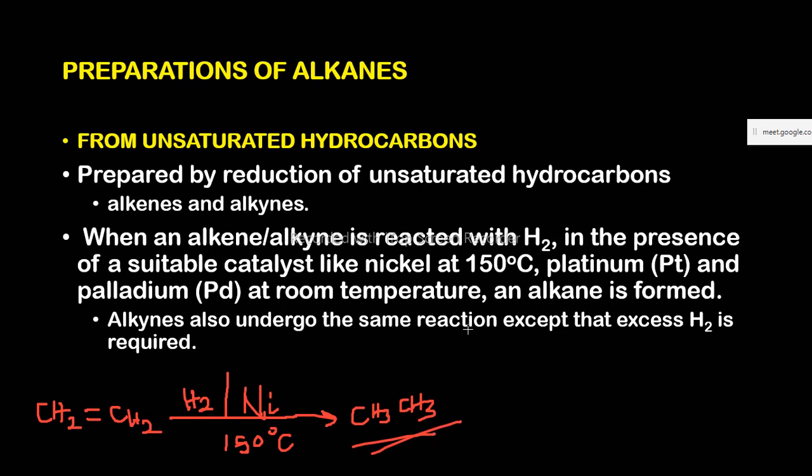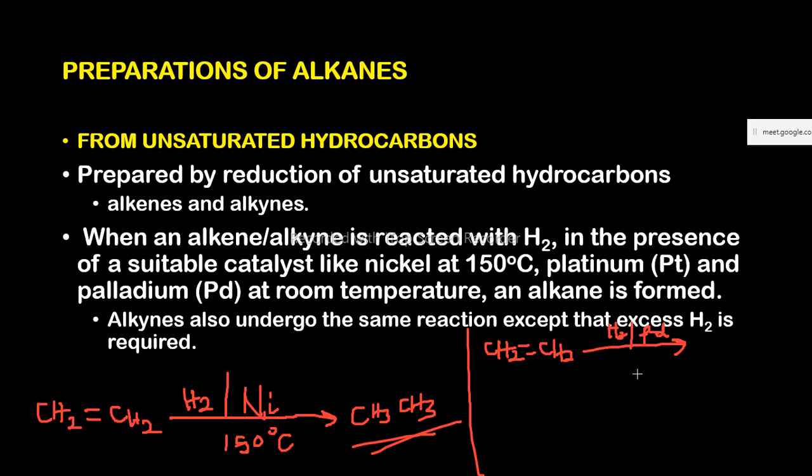But if you decide to use palladium or platinum, now here it occurs at room temperature. CH2=CH2, and you decide to use platinum. So this is hydrogen in the presence of platinum or palladium. You use one, not both.